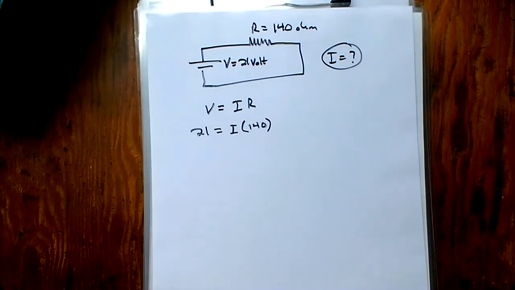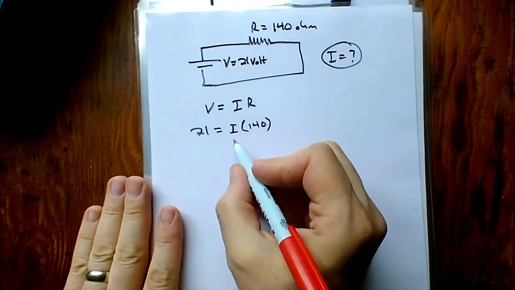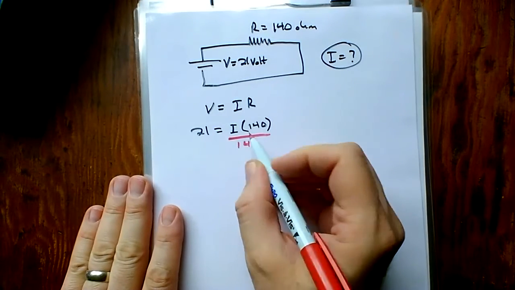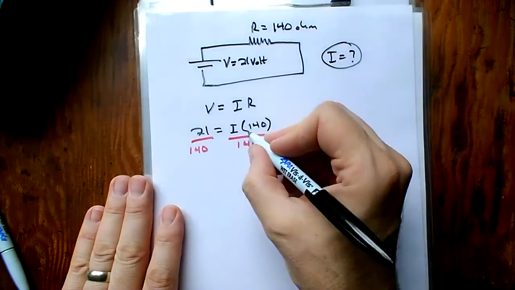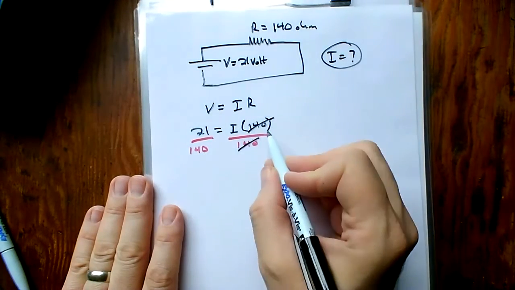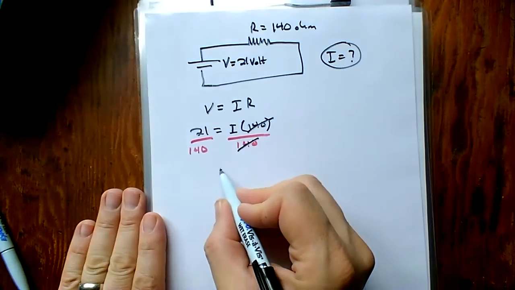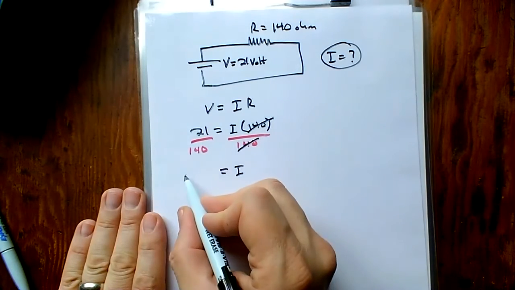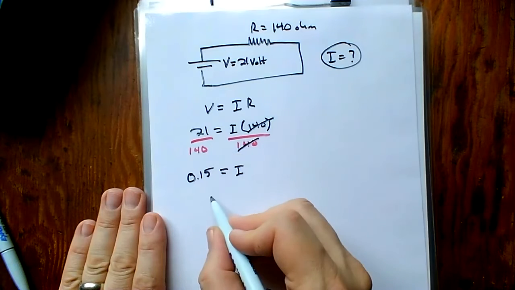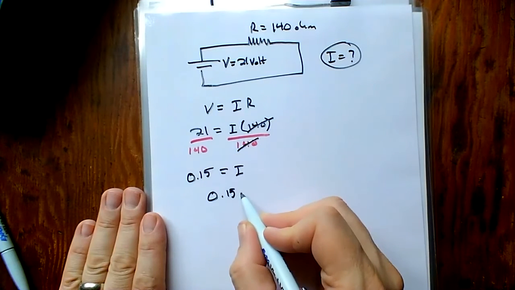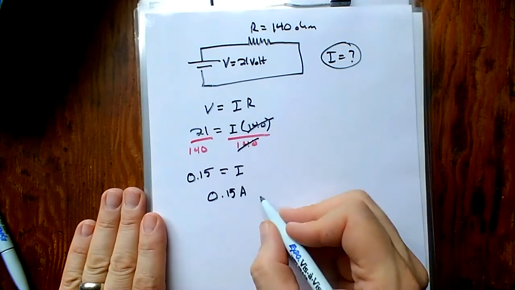To solve that, I would divide both sides by 140. So we're always dividing by whatever multiplies our variable. In this case, I'll end up with my current is equal to 0.15 amps.